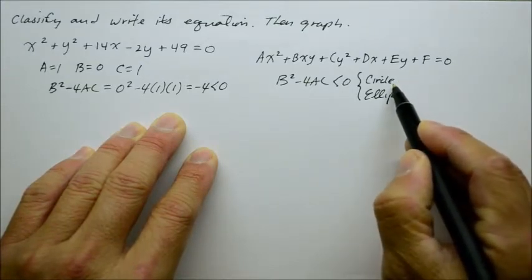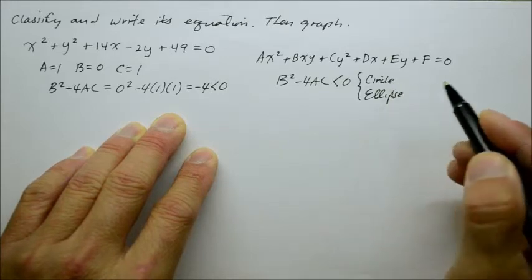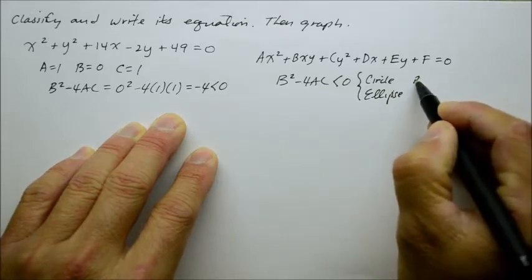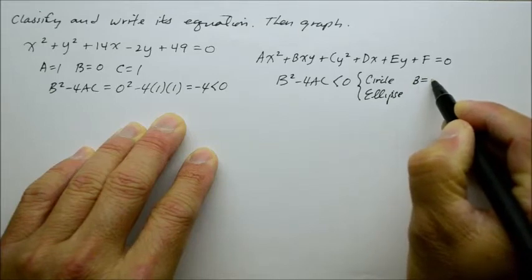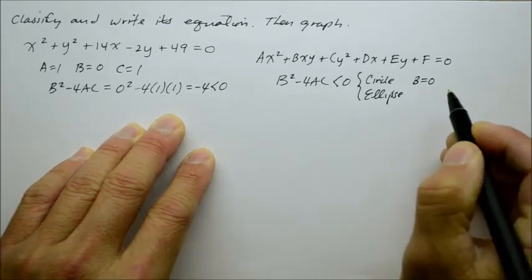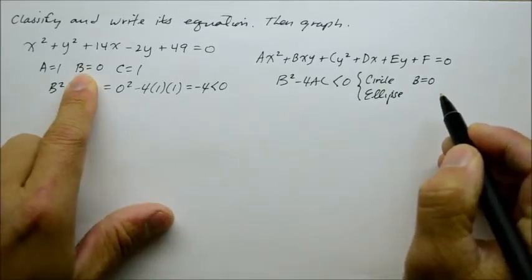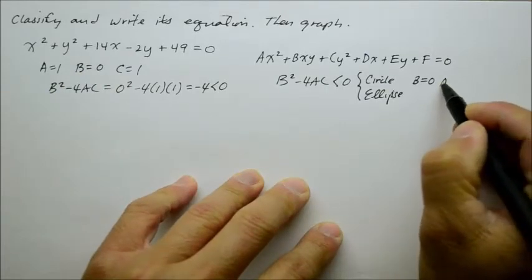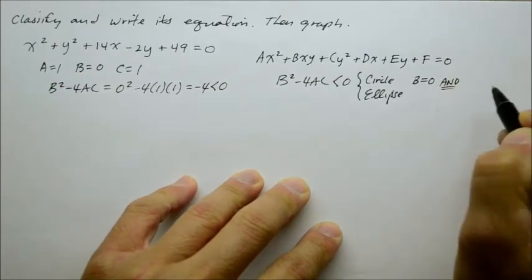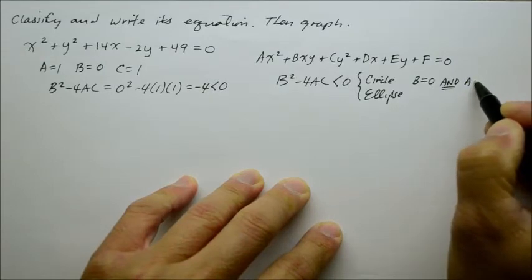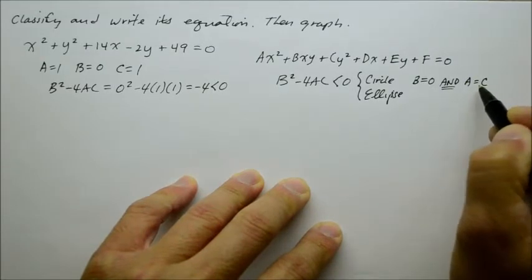To be a circle, it has to meet two conditions. The b, you have to ask yourself, is it 0? Yes. And another condition is, and it must meet both conditions, do the a and the c coefficients equal each other?